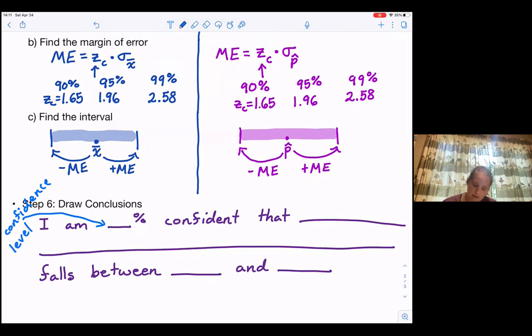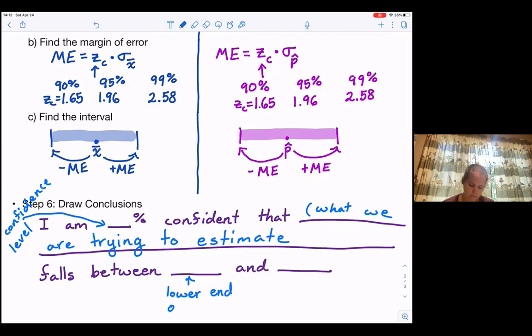The next blank is whatever we are trying to estimate. And then this is the lower end of our interval, and the upper end of the interval.